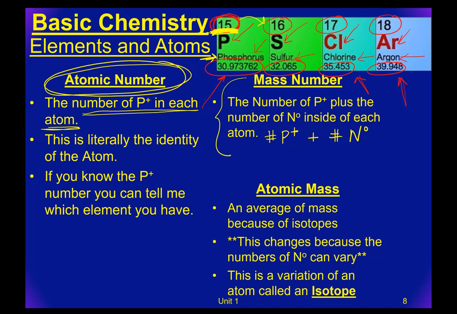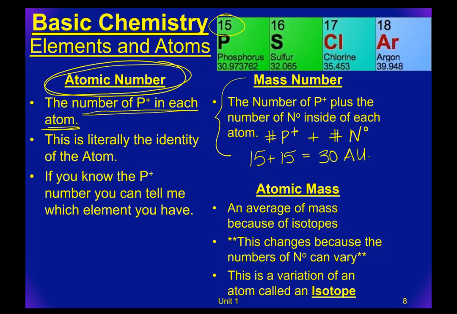So, in a perfect world, remember what I said, the number of protons would be the same as the number of neutrons, right? So if we go back to phosphorus and its proton number is 15, it should be 15 protons plus 15 neutrons equals 30 atomic units, right? If we live in a perfect world, yeah.